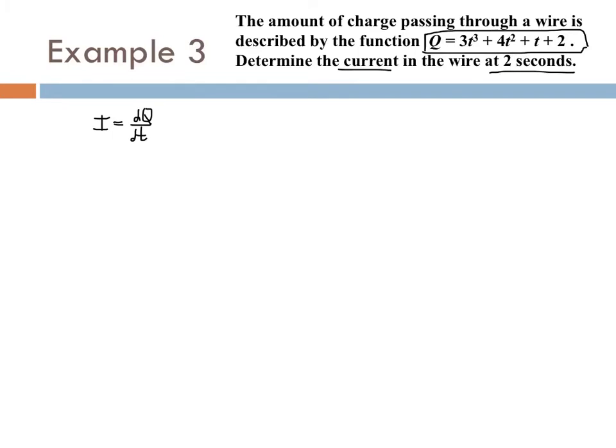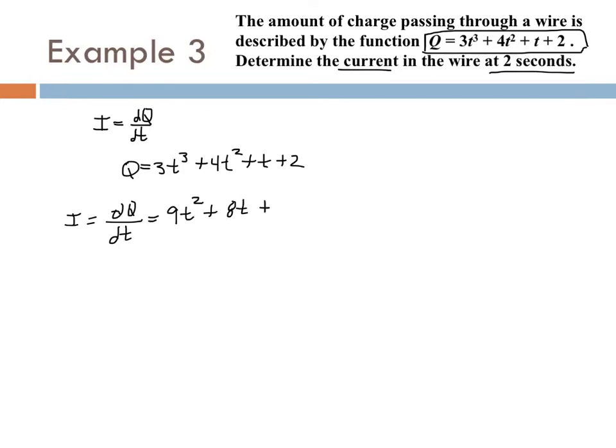So the derivative of 3t cubed plus 4t squared plus t plus 2 is just 9t squared plus 8t plus 1 and then plus 0. So this is our function for current, and now we're going to evaluate this function at t is equal to 2 seconds.